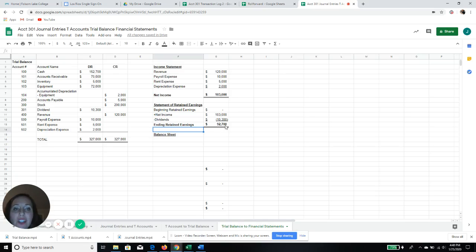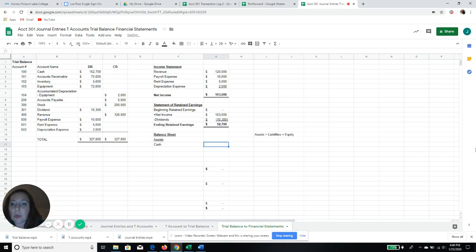And our balance sheet is the statement that basically is based on our accounting equation. Assets equal liabilities plus equity. Okay, so we're going to start with our assets. And we're just going to go in order on our trial balance. So our first asset is cash.